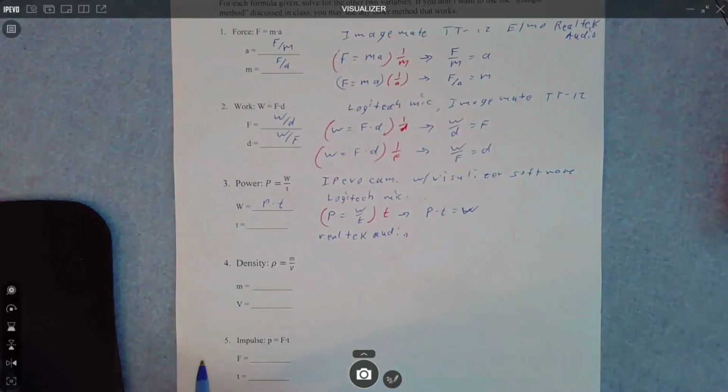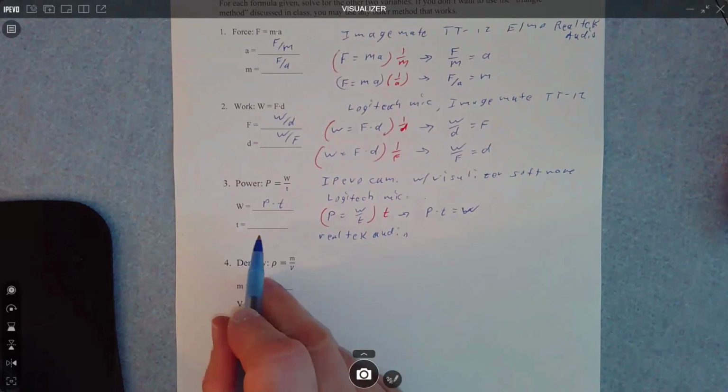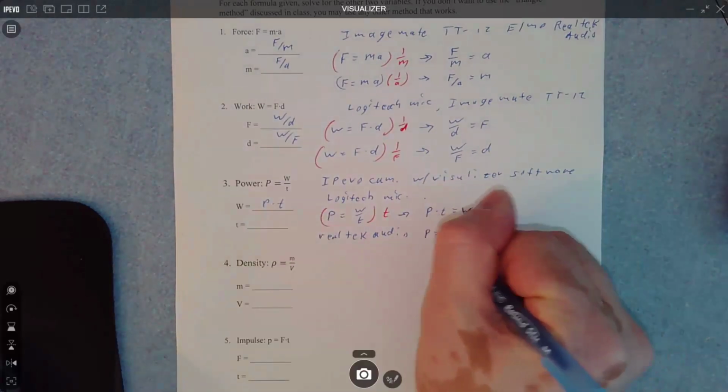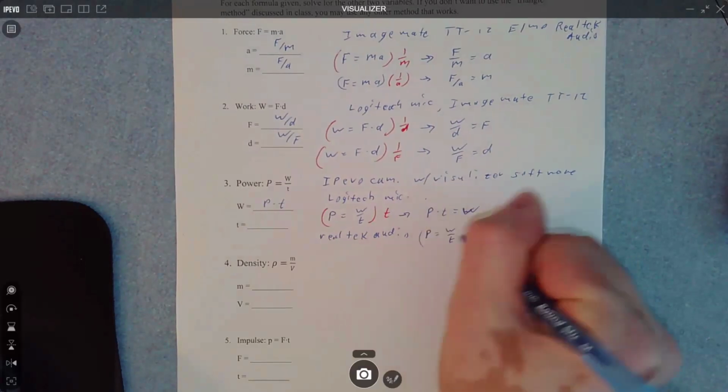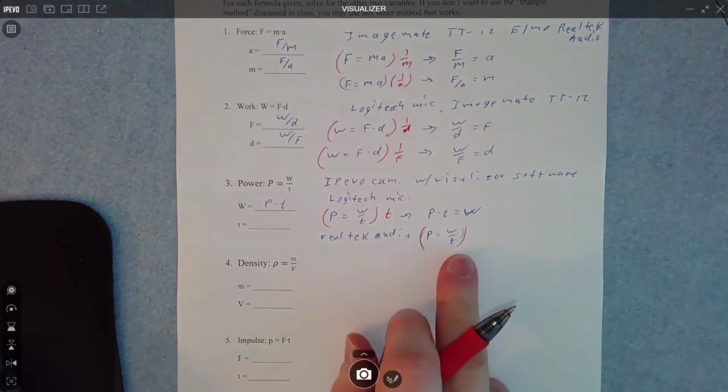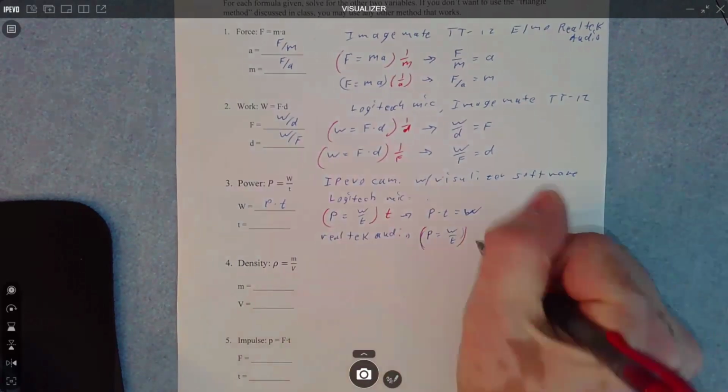So now we want to find time. So power is work over time. I want to get time by itself. So we've got to take two steps here. We can't just take one step and find time. So we're going to basically do what we did up here. We're going to multiply both sides by time.